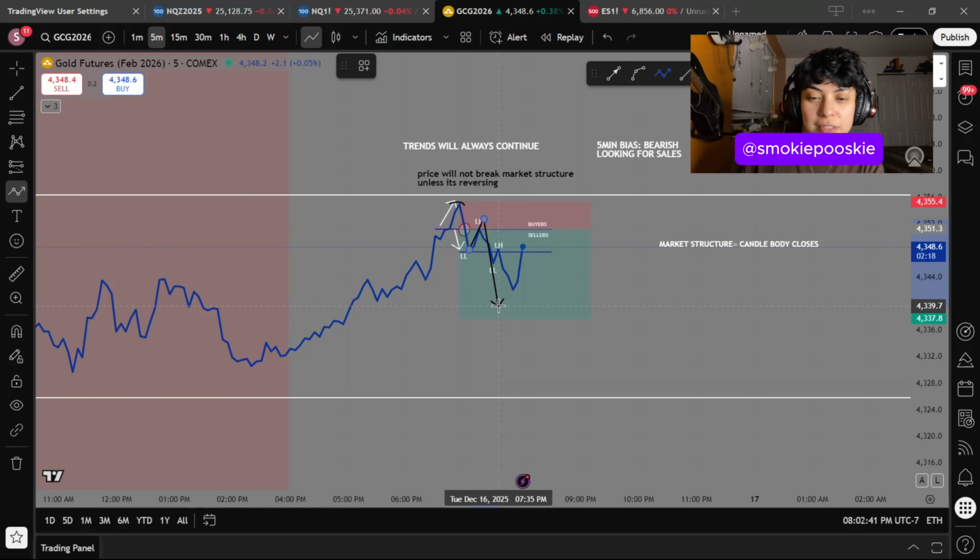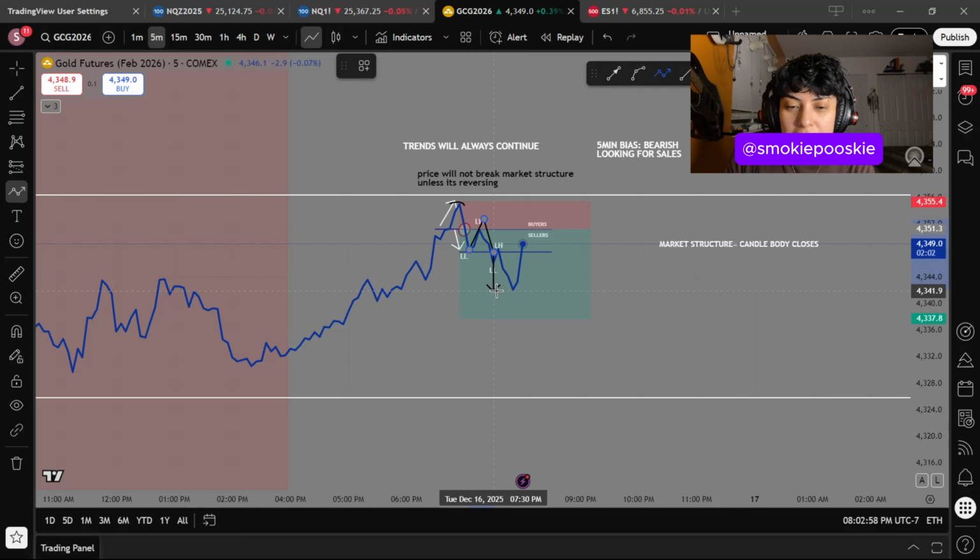I think this is the simplest way to do it, going from line to line, because that is basically what you're doing. You're going from, okay, price went from here, let me enter here, let me put a TP here, and then, oh, guess what happened? It hit. But guess what?